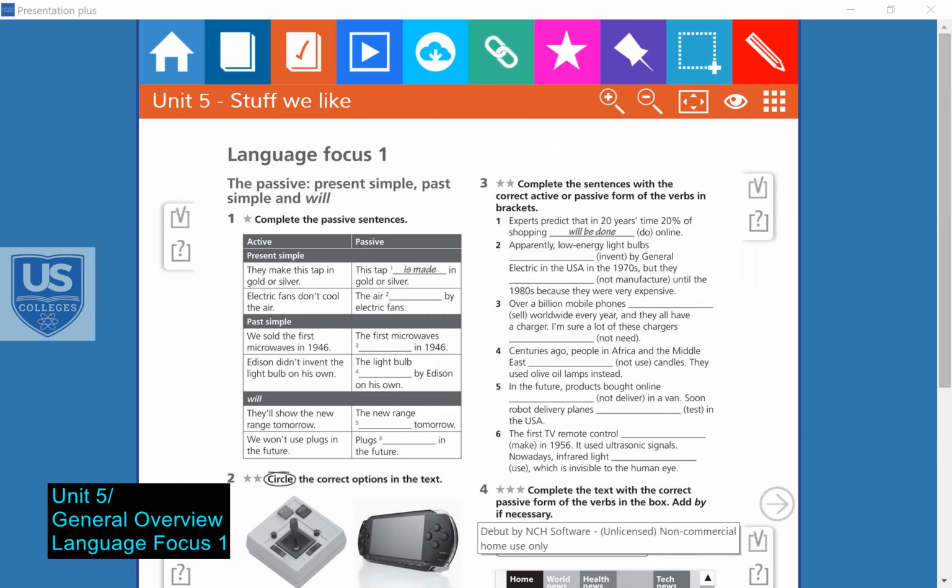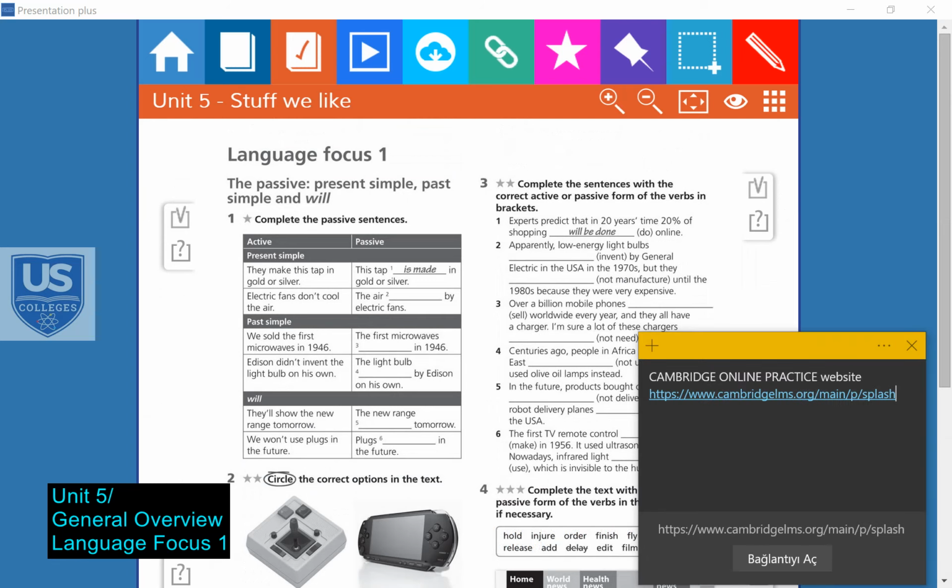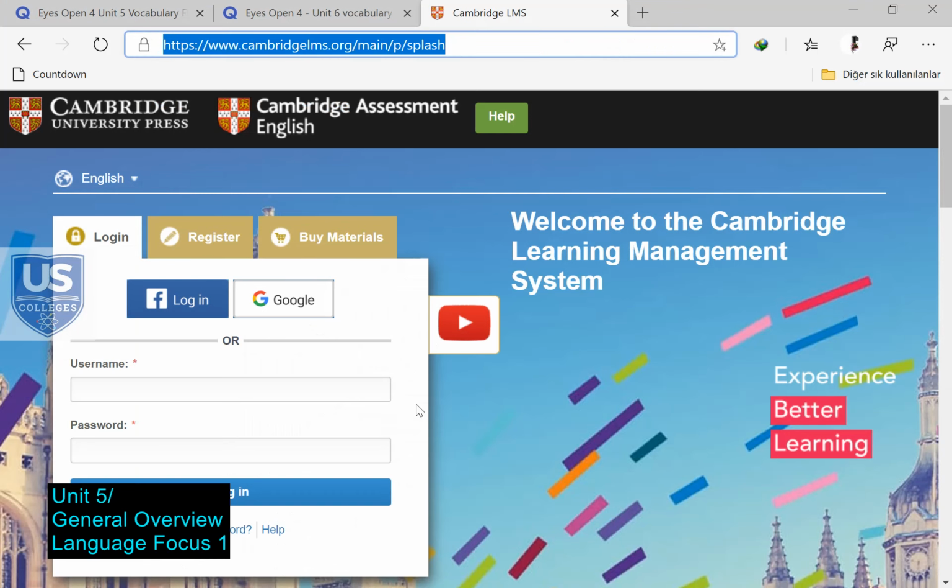Second thing that I want to point out is the Cambridge online practice website. So here is the website. In this website, just by logging in with your Facebook account or Google account, you can start to do as many exercises as possible until you fully grasp the topic.